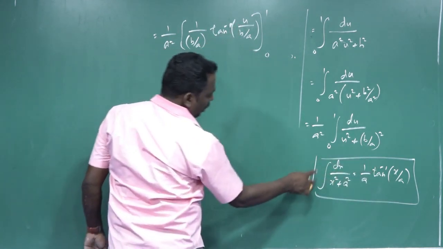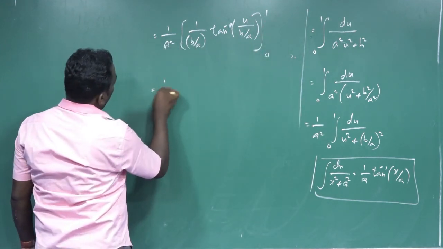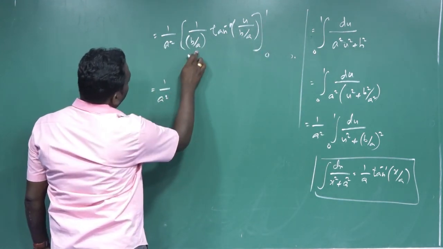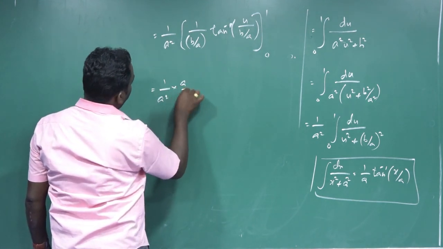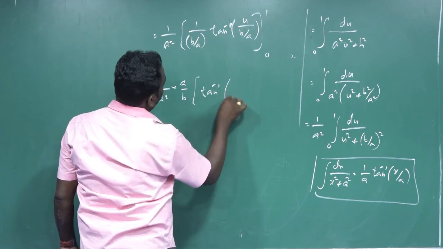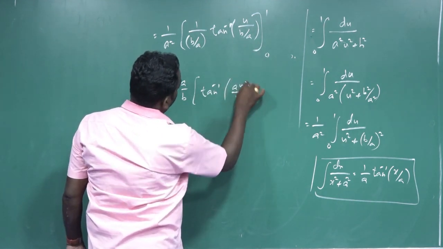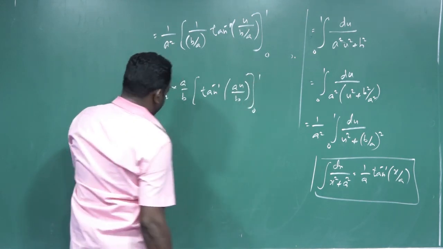The limits are 0 and 1 as it is. Now that is equal to 1 by a squared, and this term we keep outside, into a by b, and within the bracket tan inverse of au by b. The limits are 0 and 1 as it is.